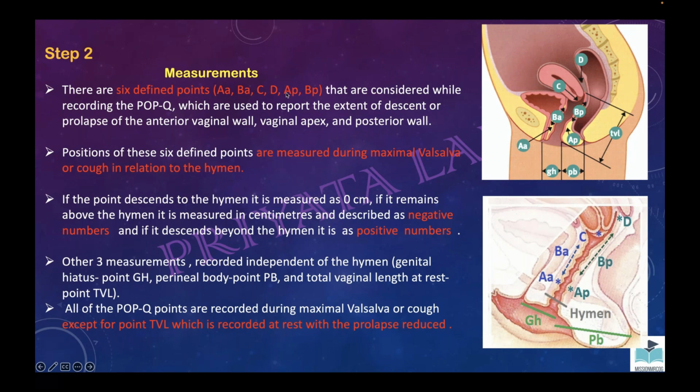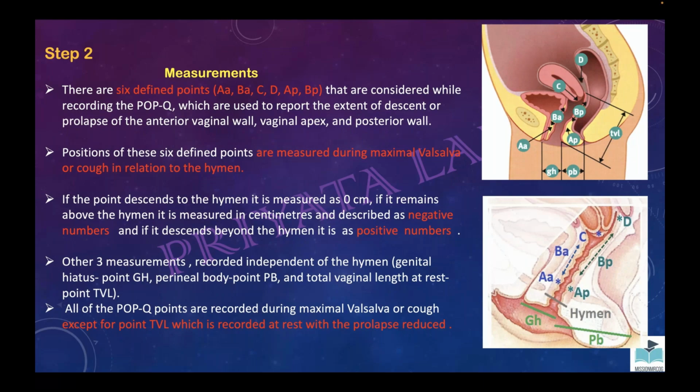So usually these 6 points have to be defined. They help in identifying the anterior prolapse, posterior prolapse, vaginal cuff, or cervical descent. These are measured in relation to the hymen and at maximum valsalva or cough, because we want to know the maximum extent of it.